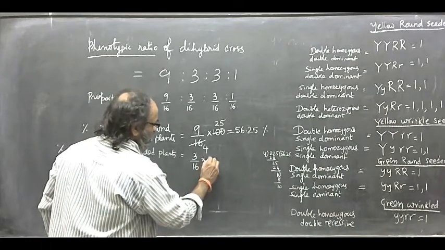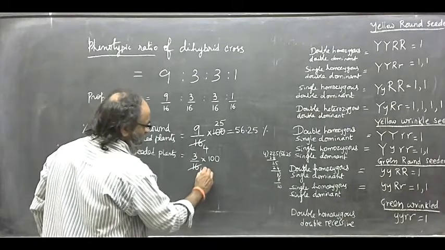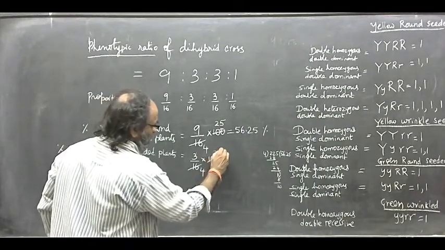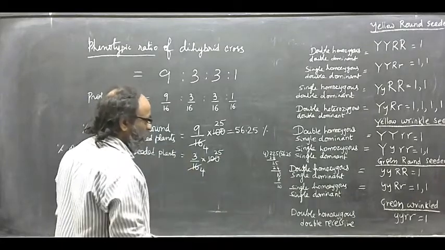Therefore, it is 3 by 16 into 100. Once again, it is 4 fours, 4 twenty-fives, and 25 threes is 75.